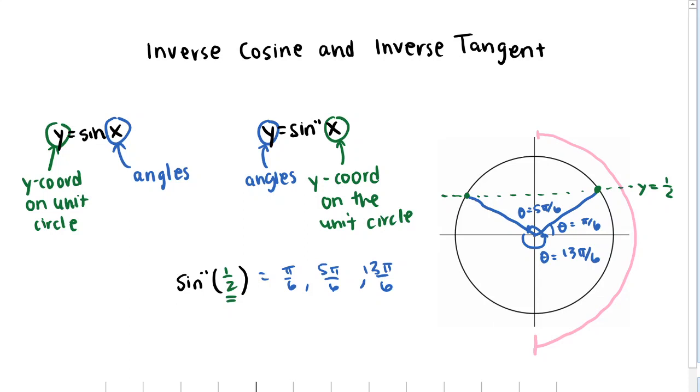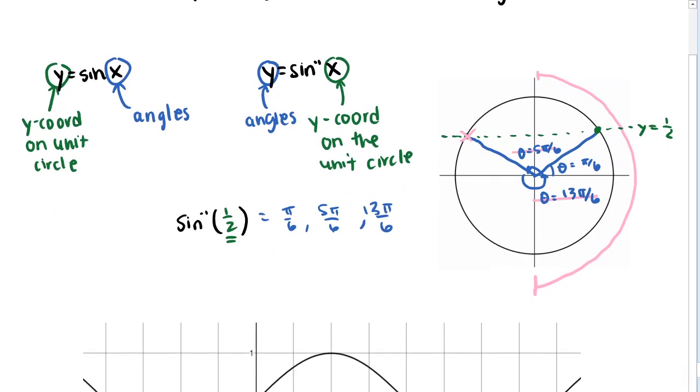So it's not going to see this point here. It's not going to see this angle or this 13 pi over 6. Really, sine inverse of 1/2 is only going to give us back pi over 6, not 5 pi over 6 or 13 pi over 6.